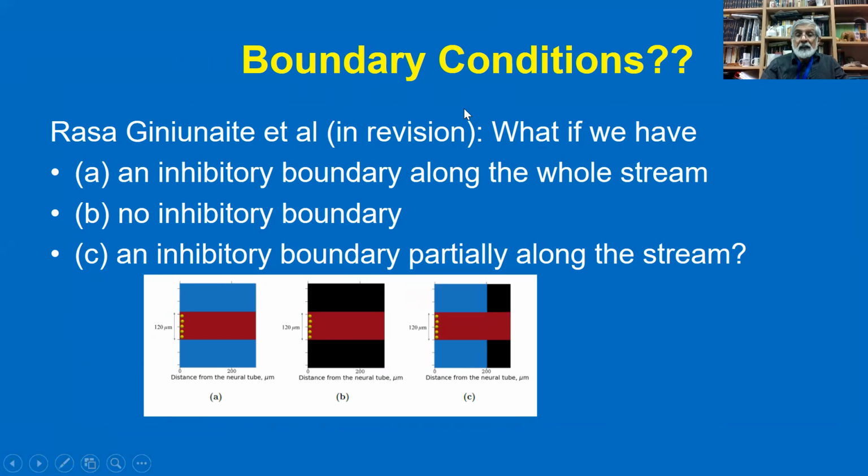No. Okay. Now moving on to the boundary condition, which I mentioned that we didn't really know what the boundary condition should be. So what we decided to do, and this is work that's presently in revision, we said, well, look, here's the corridor.